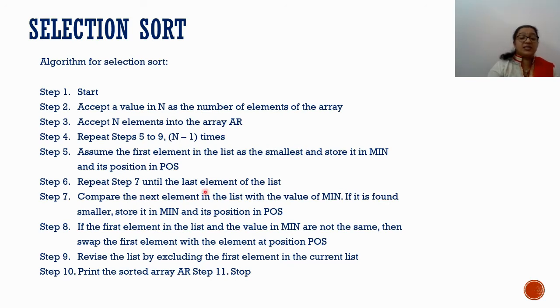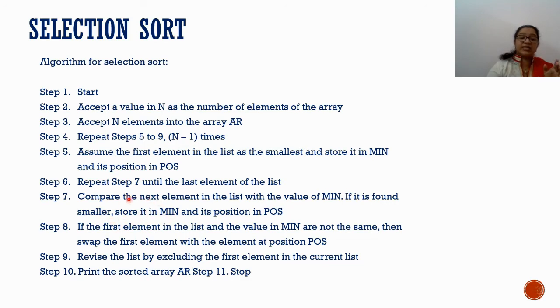So what is there in step 7? Yeah, we want to find the smallest element. So how can we find the smallest element? We want to compare. See, compare the next element in the list with the value of min. So in min, the first element is there and we are comparing with the next element onwards, the second element onwards. If the second element is smaller, store it in min then.